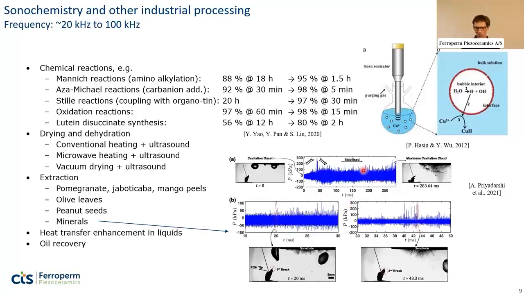These are just some figures from the paper showing some study of how the mechanism of extraction can be optimized. The final examples are for heat transfer enhancement in liquids and for the recovery of oil.